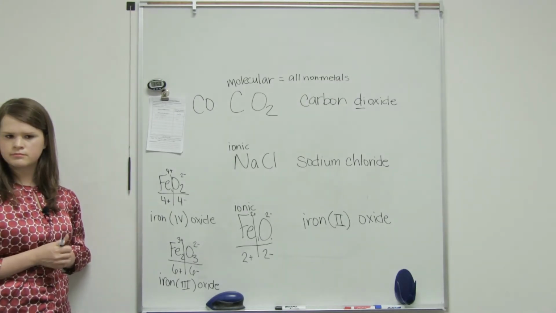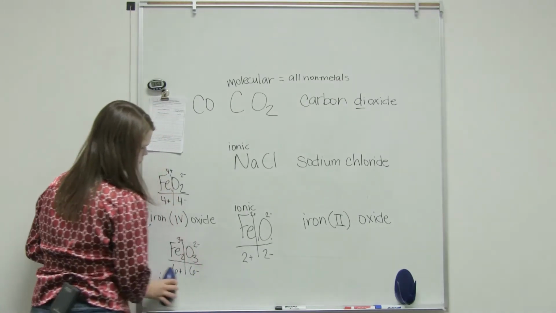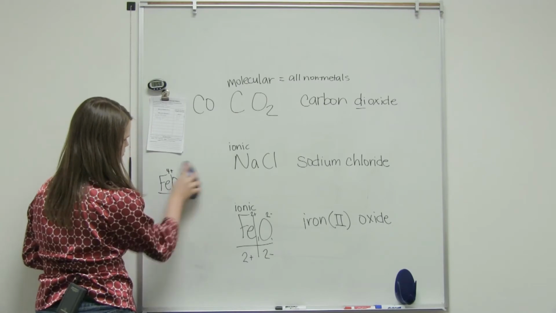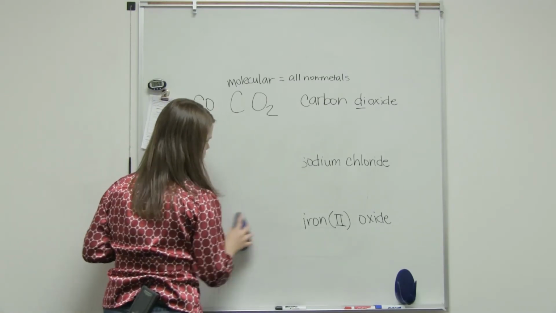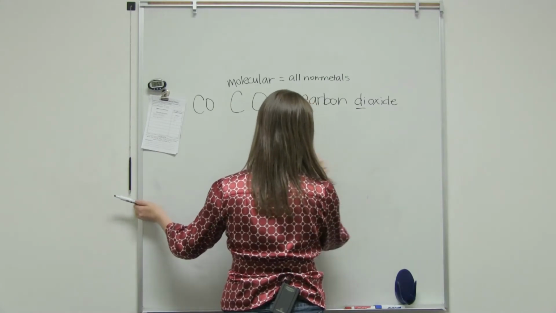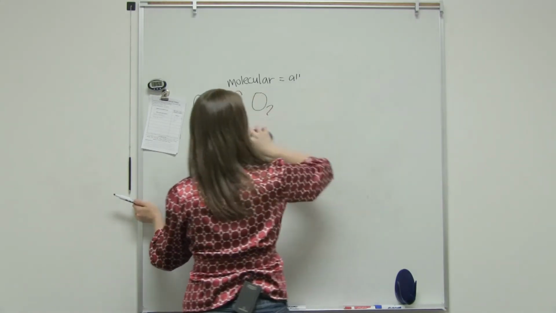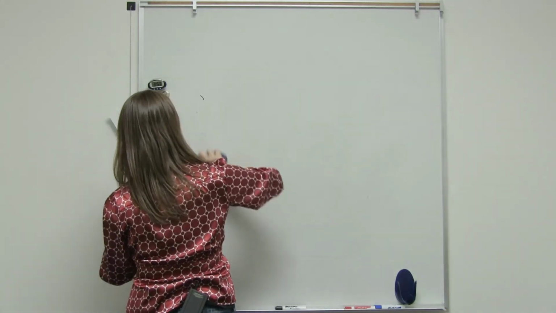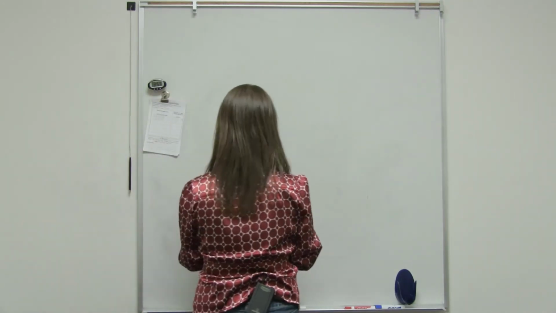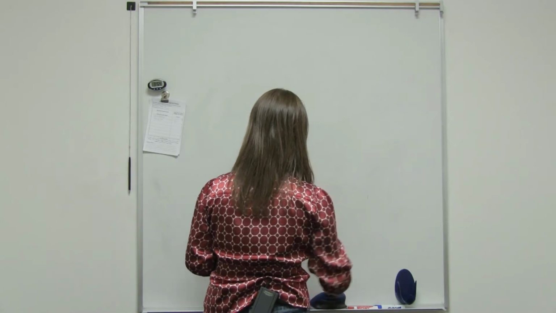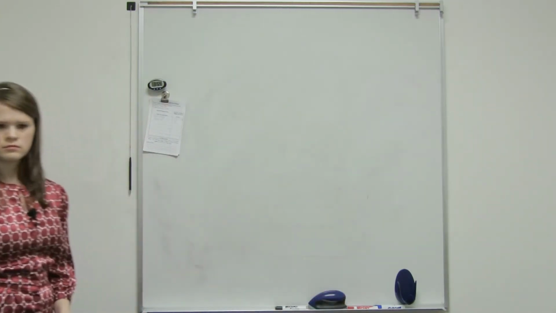Okay. So like in this one here, magnesium and oxygen. Magnesium is, let's see, a metal, and oxygen isn't. So then that would form an ionic compound. Yep. So then the empirical formula, you put the magnesium first and then oxygen.